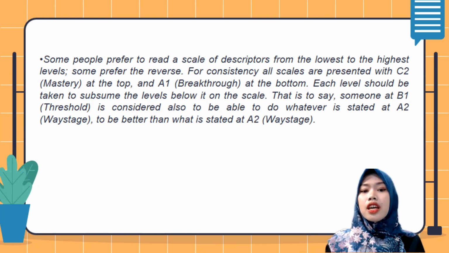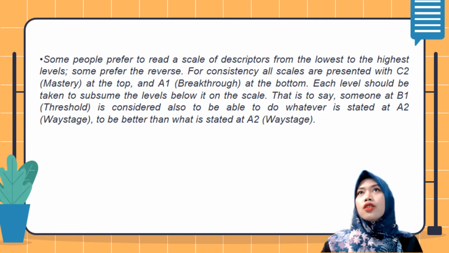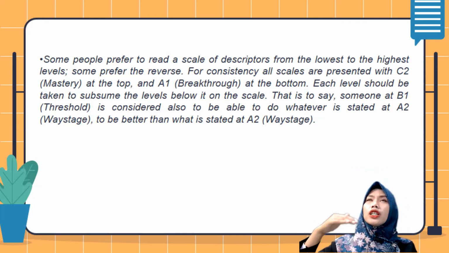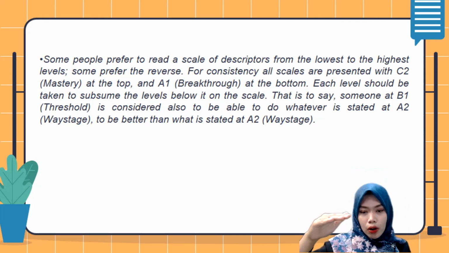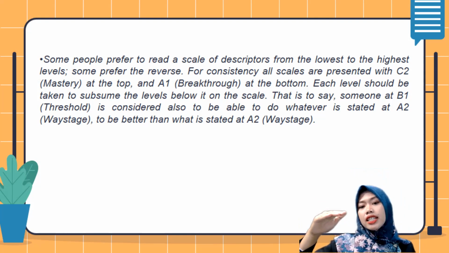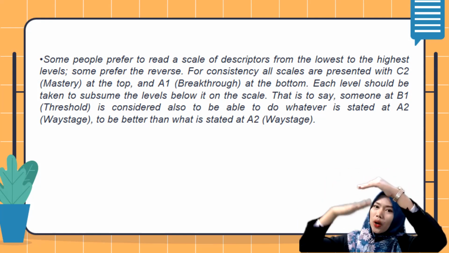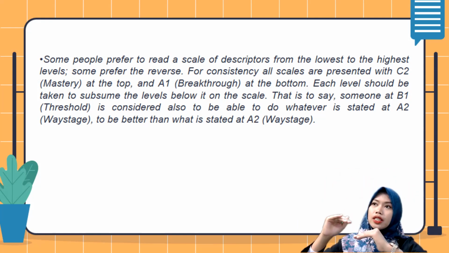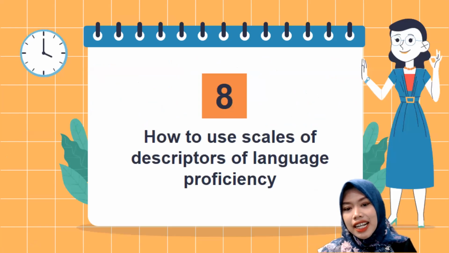And we are better than what is stated at the A2 or waystage, okay? So if we are at the stage of C1, we are able to do whatever is in the levels below. For example, under C1 are B2, B1, A2, and A1, okay?